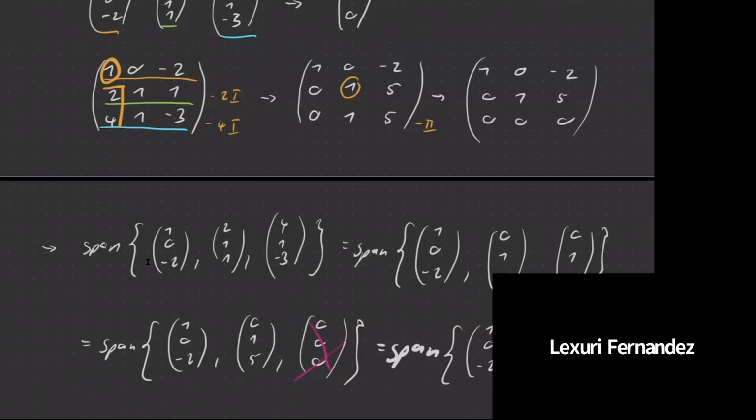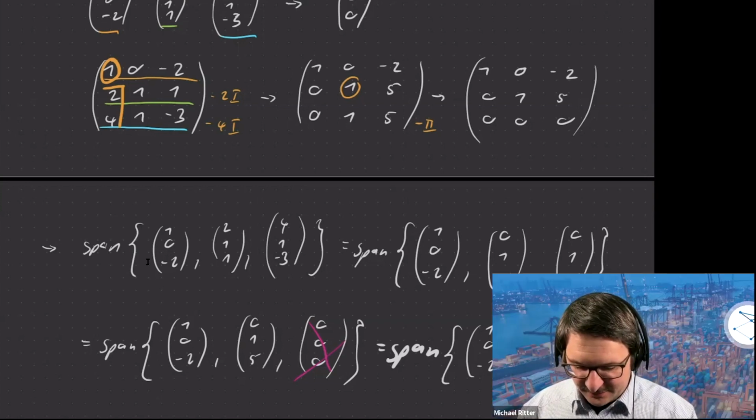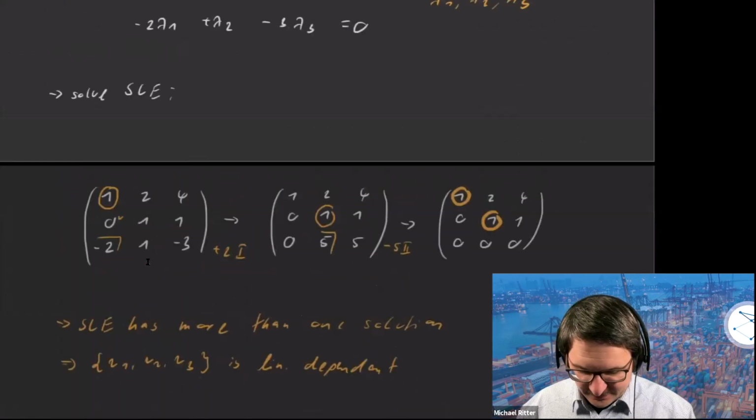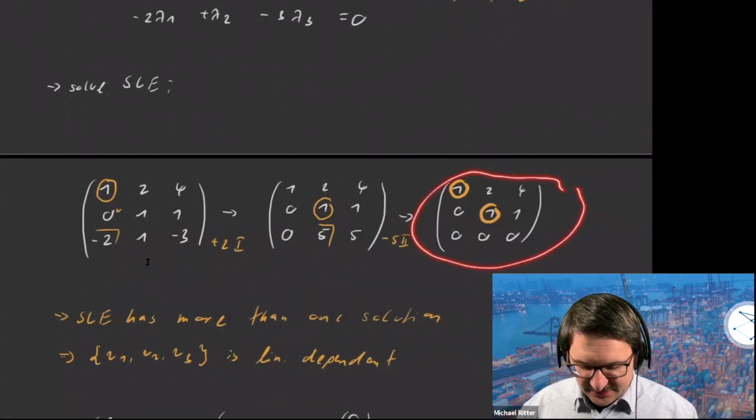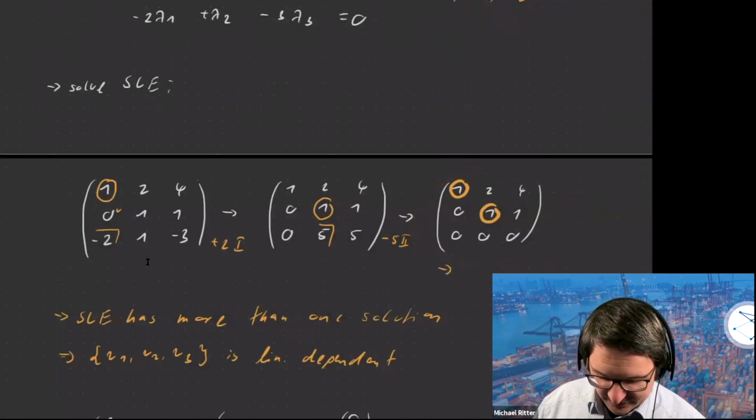Then there are some questions related to how the rank impacts the solution. If you have a look at this last matrix here, for example, when was that? This one here. You can see that it has two pivot elements, so the rank of that is 2.